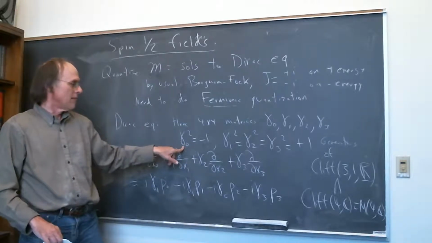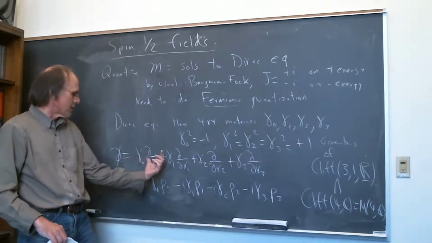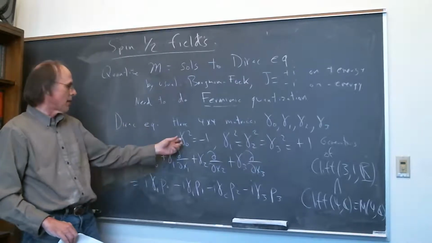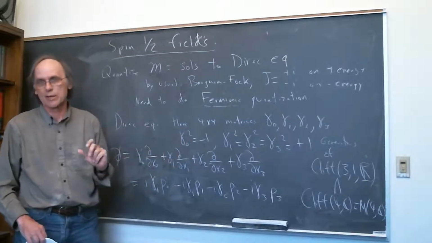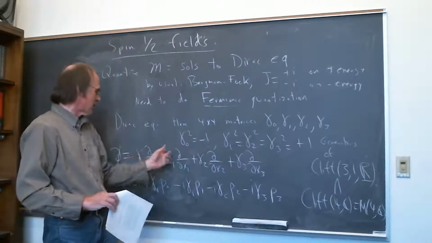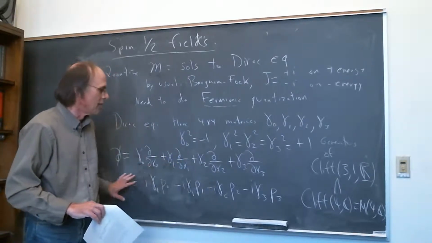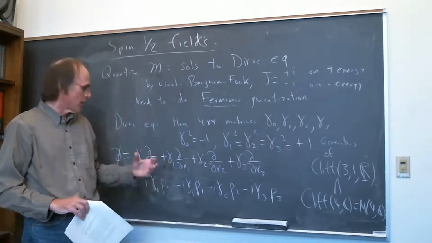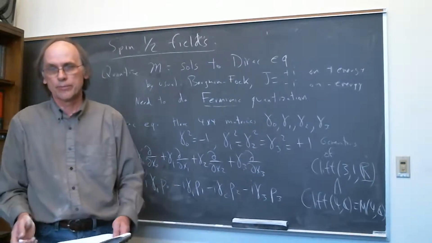You could change the relative sign of this guy and these guys just by going to a different set of matrices that satisfy the same conditions. So you're just changing your representation of the gamma matrices. These relative signs are not physically meaningful, unlike what you would expect if the relative signs had to be there for Lorentz invariance.